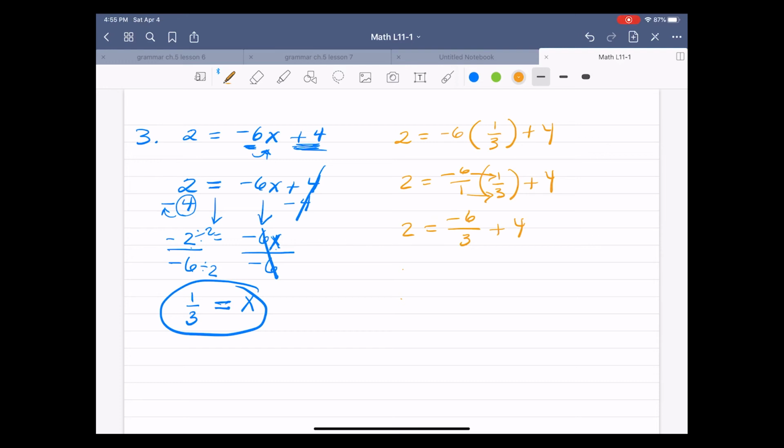Negative 6 divided by 3 is negative 2 plus 4. The difference between 4 and 2 is 2. The sign of the number that appears larger is positive. And so I'm going to get 2 equals 2. It checks. And so we were correct. Nice job. Let's go on to number 4.